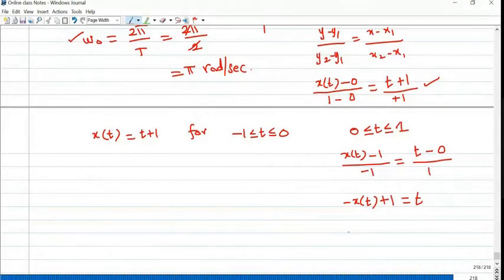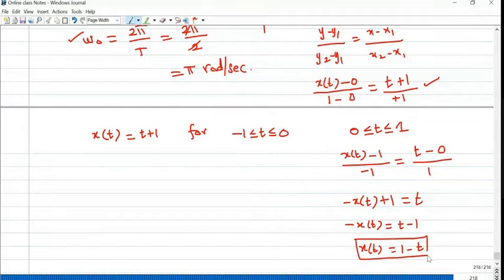I need the expression for x of t: x of t equals 1 minus t. So x of t equals 1 minus t for t between 0 to 1.